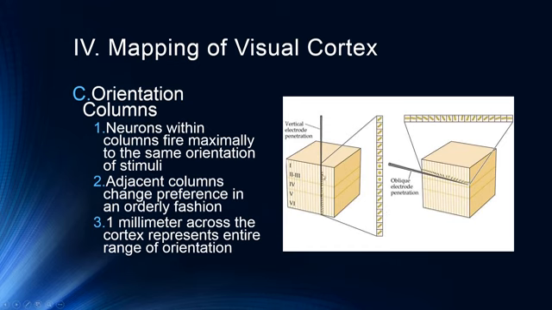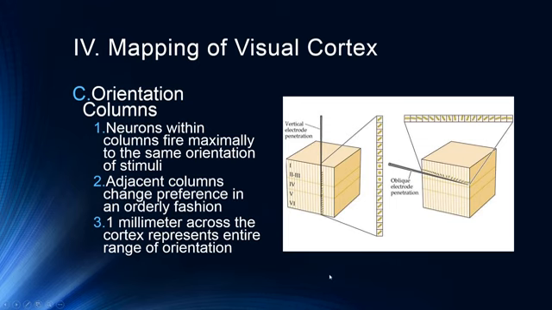If we do an oblique electrode penetration, we get different orientations. Neurons within columns fire maximally to the same orientation of a stimulus. The adjacent columns change their preference in an orderly fashion. You can see we go from horizontal up to vertical, back around to horizontal again.